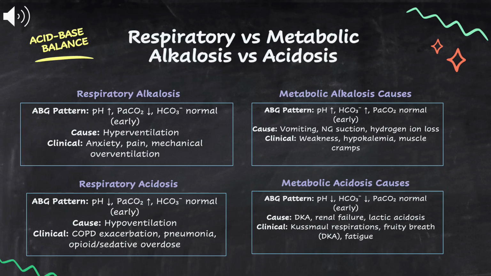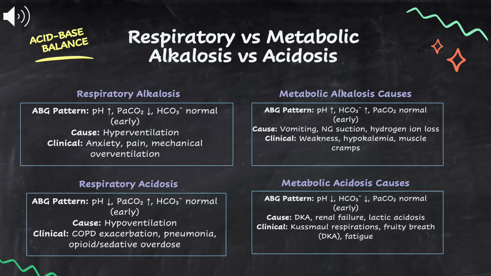Now, respiratory acidosis. This shows low pH and high PaCO2, with bicarbonate normal early. The cause is hypoventilation. Common clinical situations include COPD exacerbation, pneumonia, or opioid overdose. Finally, metabolic acidosis.